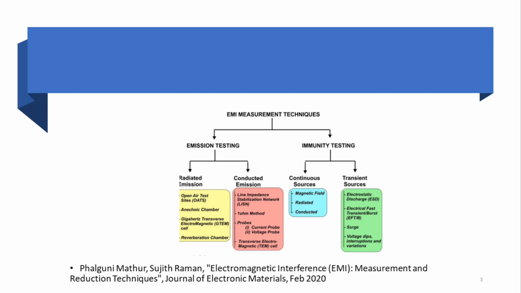So for quantification, what we understand by quantification is the EMI measurement. So if we understand EMI measurement, they are broadly classified into two major categories: the emission testing and immunity testing. So conducted emission testing is done to estimate or determine the noise generated due to sudden changes in voltage or current in the circuitry of the equipment being emitted through the power lead into the peripheral loaded devices.